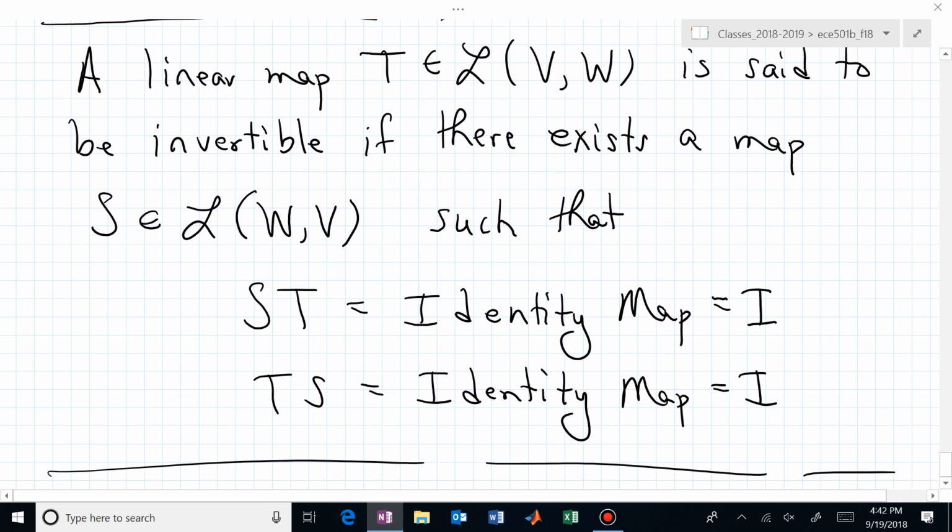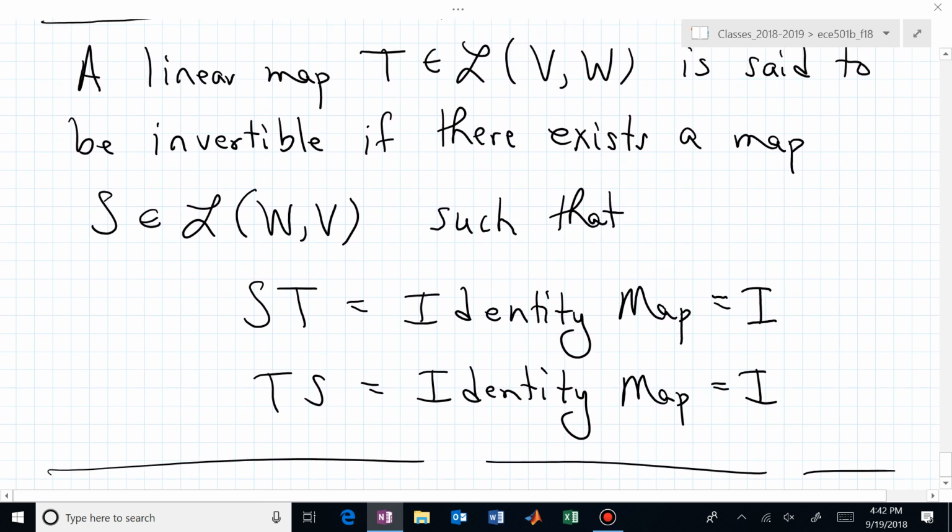So a linear map T is said to be invertible if there exists another map S that takes W back to V, such that ST is the identity map and TS is also an identity map.